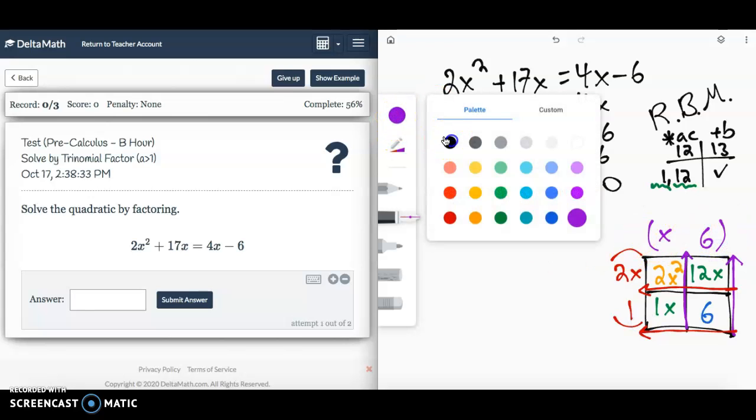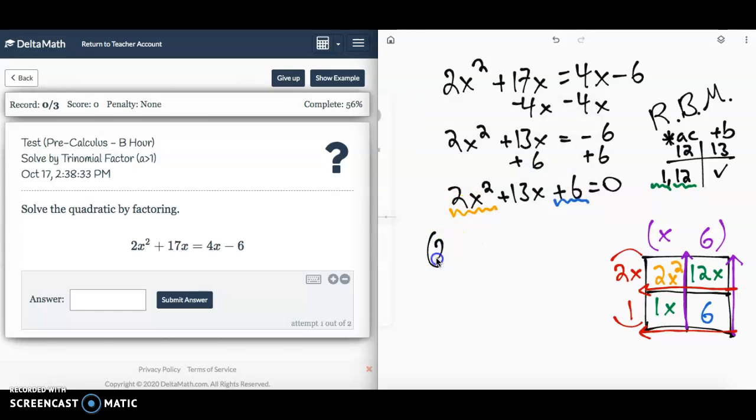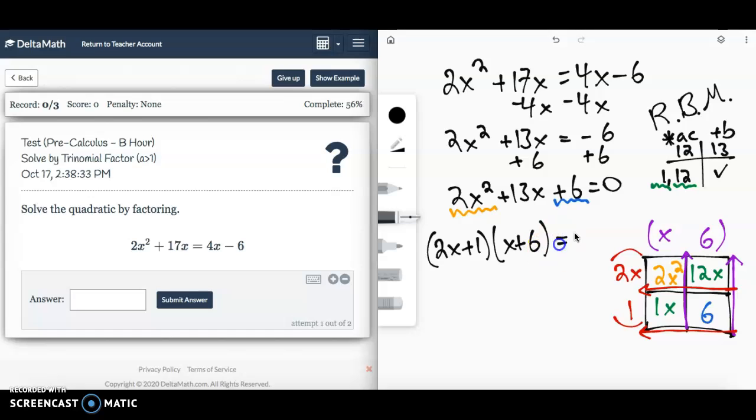So now I have the factors 2x plus 1 and x plus 6 equal to 0. I can separately set my factors equal to 0 and then solve.